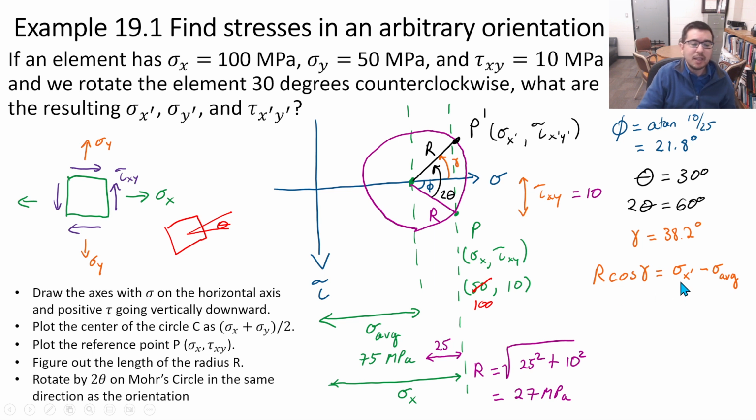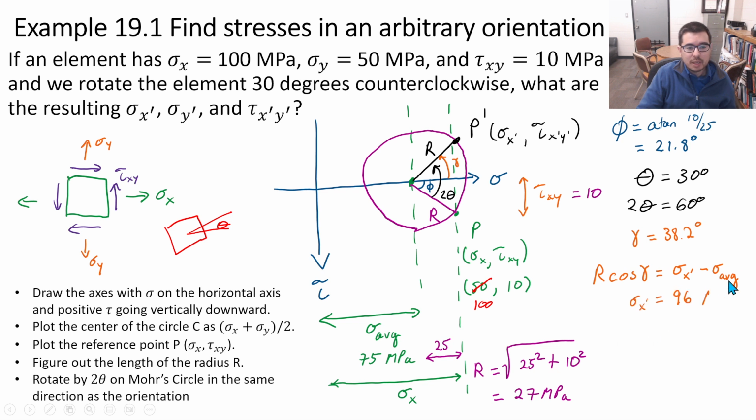We can say that this quantity, this horizontal quantity here, is going to be sigma x prime minus the average. That's this length, right? So from here to here, just like we did to calculate the 25 previously, that's sigma x prime minus sigma average.